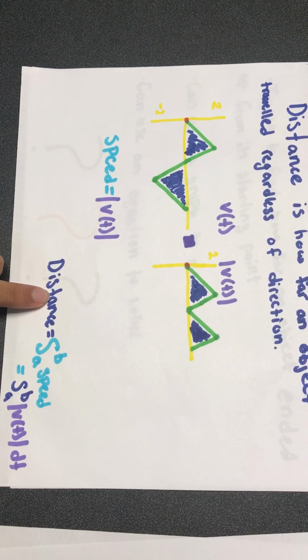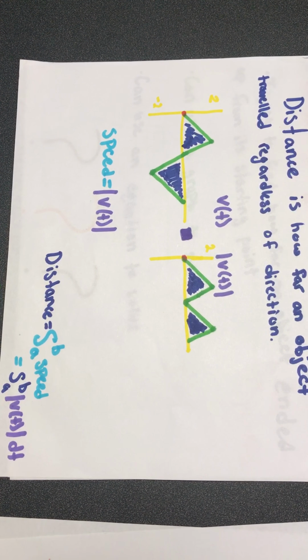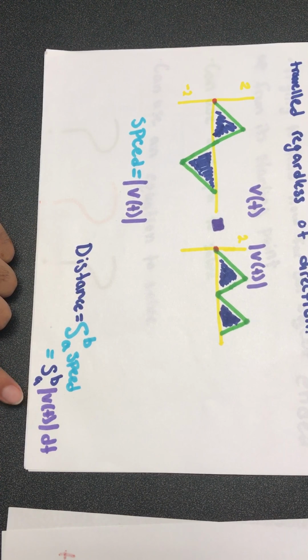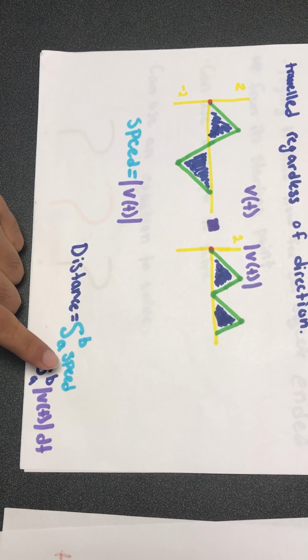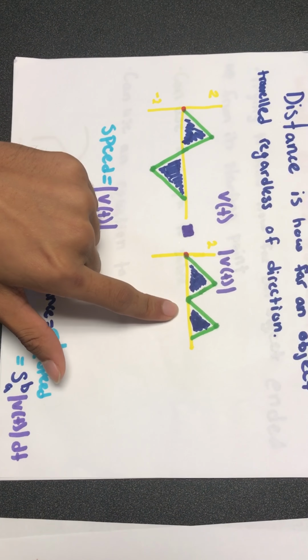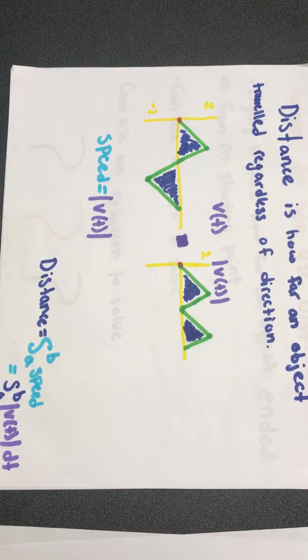Distance can be represented by the equation the integral of speed from A to B. And so, the integral of the absolute value of velocity is A to B. This triangle is flipped because when you take the absolute value of a negative, it becomes positive.